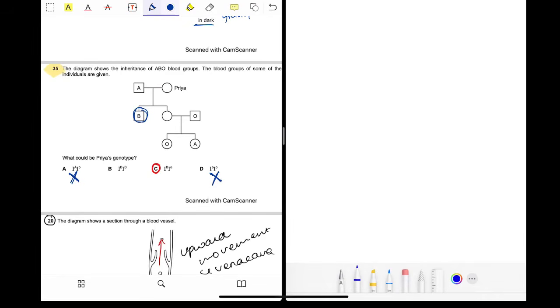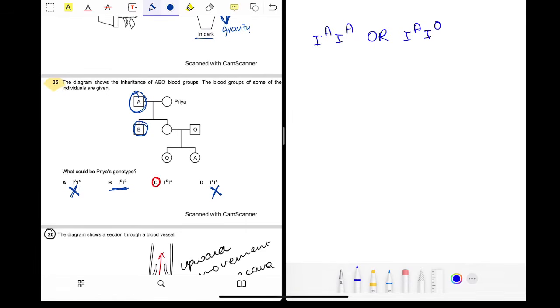Now let's say this person's genotype is IAIA or IAIO. These are the only two options, right? Let's take this as the first one: IAIA and IBIB. Let us do the cross.